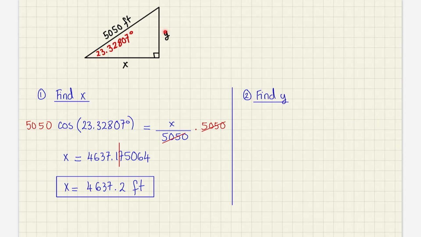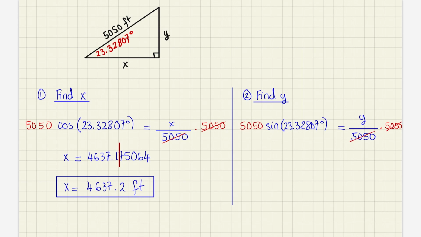Next, I need to find Y. Y is the opposite side from the angle theta, and the hypotenuse is 5,050 feet. What trig function involves the opposite and the hypotenuse? That is sine. I will have sine of 23.32807 degrees equals Y over 5,050. To solve for Y, I will multiply both sides by 5,050.